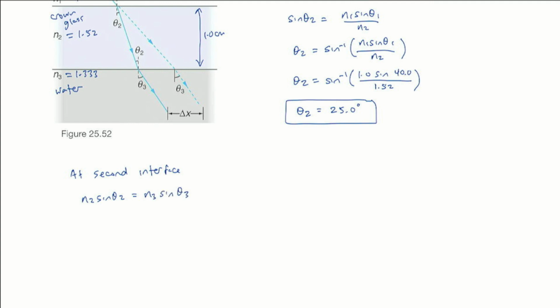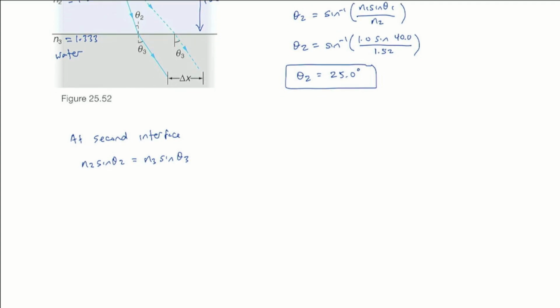And this time we want to solve for sine theta 3. We get N2 sine theta 2 over N3. Take the sine inverse of both sides. So we have the sine inverse of N2 times sine theta 2 over N3.